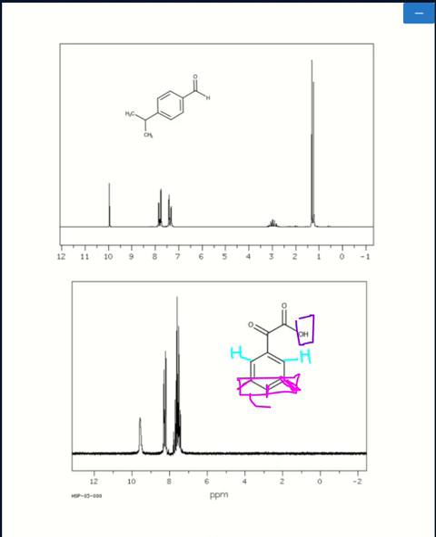So anything connected to the benzene ring will be around 7 to 8 ppm, but the hydrogen in blue that are closest to the large carbonyl and carboxylic acid substituent, while all the hydrogen directly connected to the ring will show up around 7 to 8 to 9 ppm, these guys right here will become more deshielded, or will appear more to the left than what the 3 bottom hydrogen will be at.